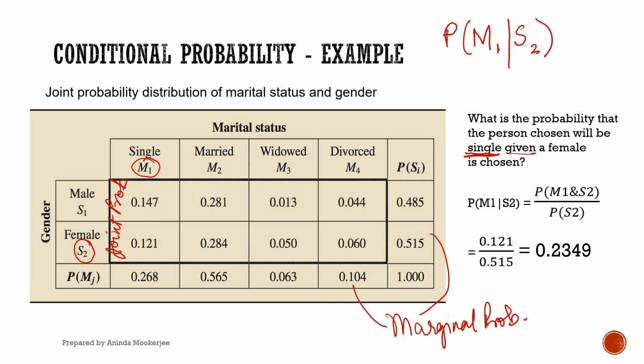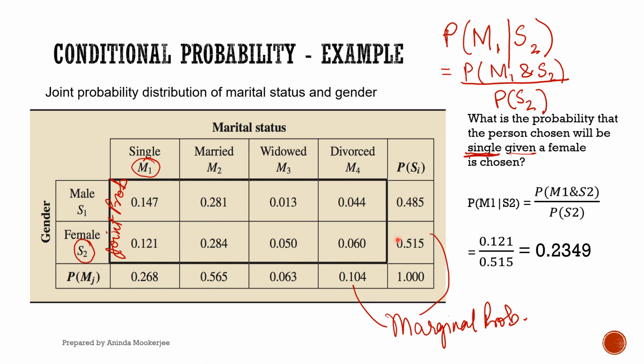Again, the formula is the probability of M1 and S sub 2 occurring together divided by the probability of the given condition. In the denominator, at the bottom, we will have the given event. The given event is S2, the one that comes after the vertical line here. So P of S2. Now, luckily, we don't have to calculate the probabilities.